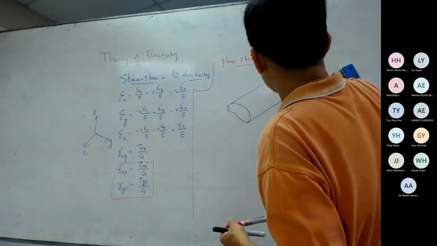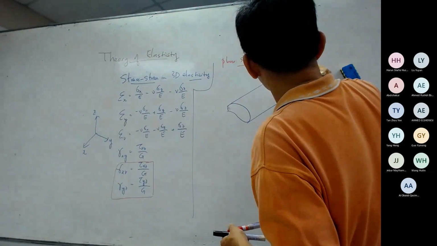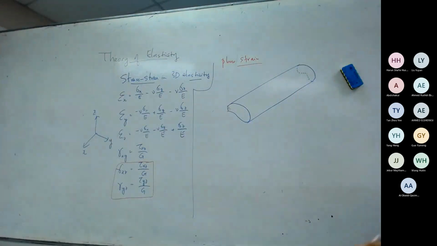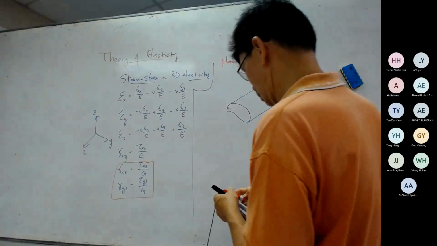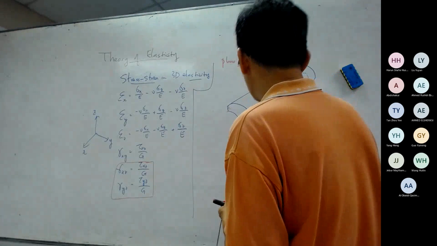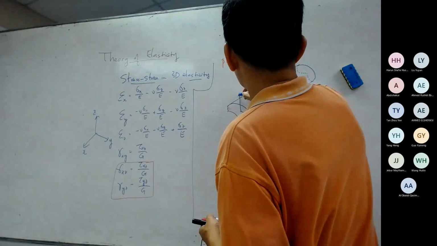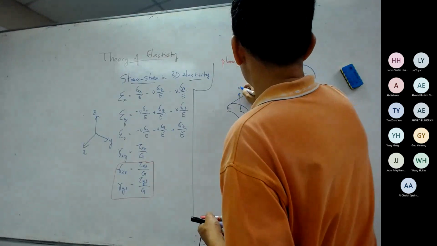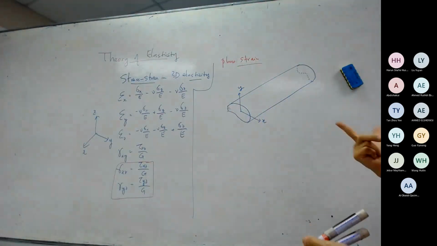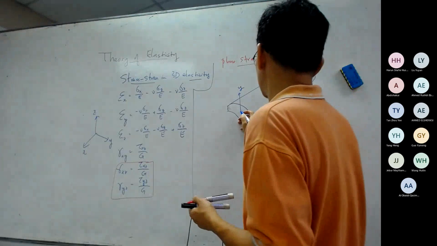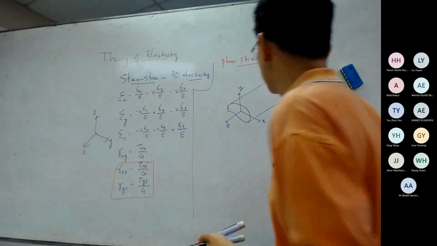Then you will have it in one dimension very large compared with the other two. So if I can draw here x, here y, and we have a z here.